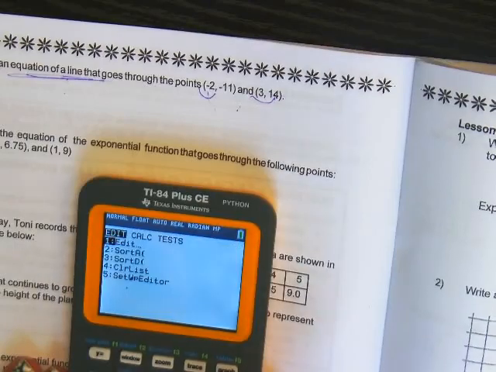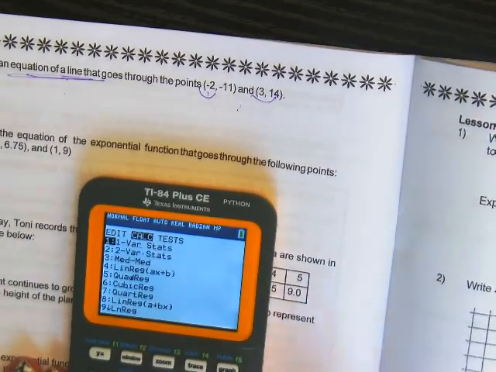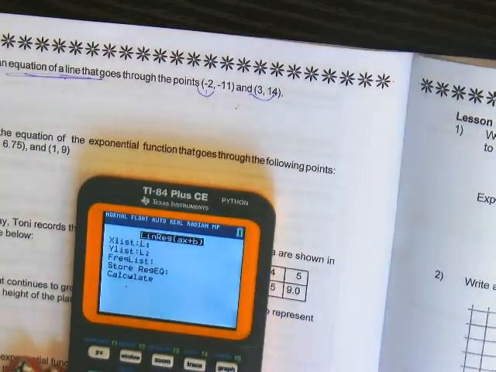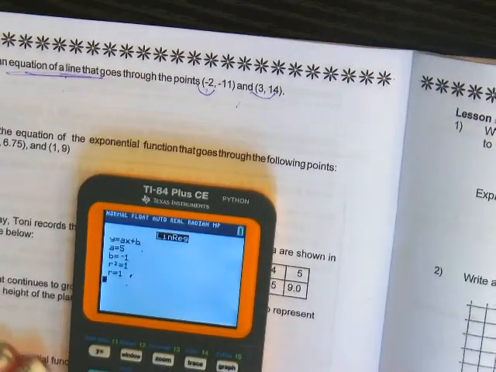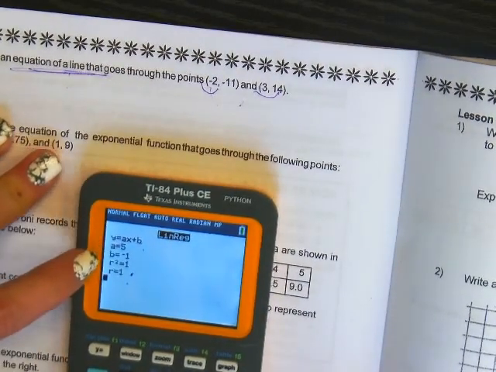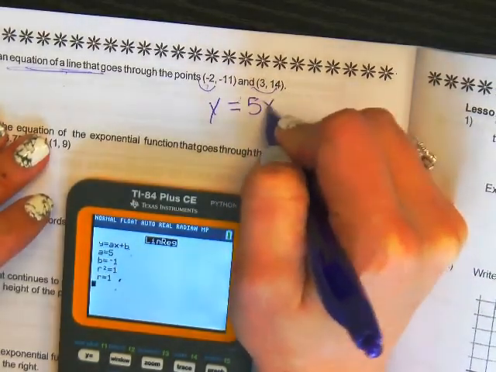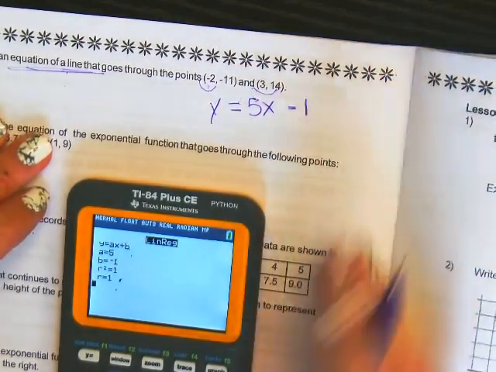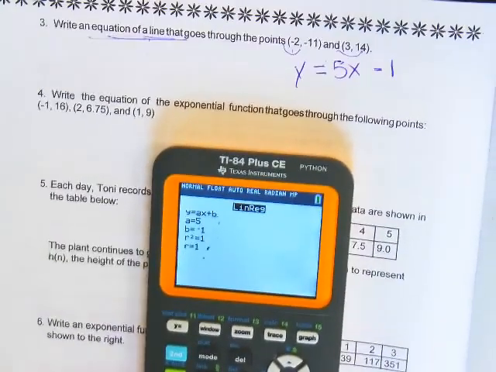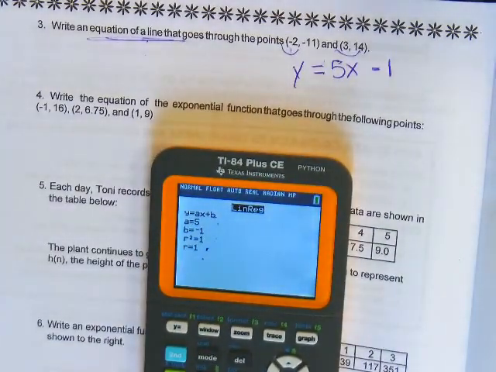I'm going to go over to Stat, Calc, and since it's linear, I want option 4. Enter a bunch of times, and then fill in your a and your b. So y equals 5x minus 1. And that's it. You can use the calculator to figure out what you need.